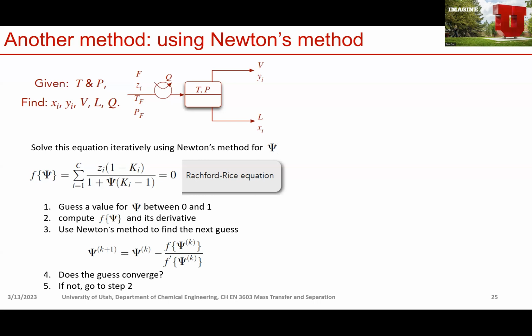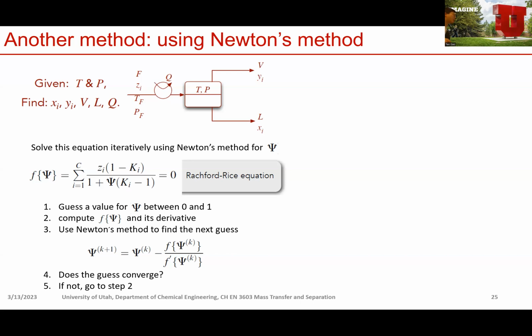Now you can use Newton's method to find the next guess. This is Newton's method equation: the psi value for your k+1 iteration is the psi value of your kth iteration minus f(psi) divided by its derivative. Now you have an updated guess. Then you can ask yourself, does the guess converge? Do these two values satisfy the convergence condition we just talked about?